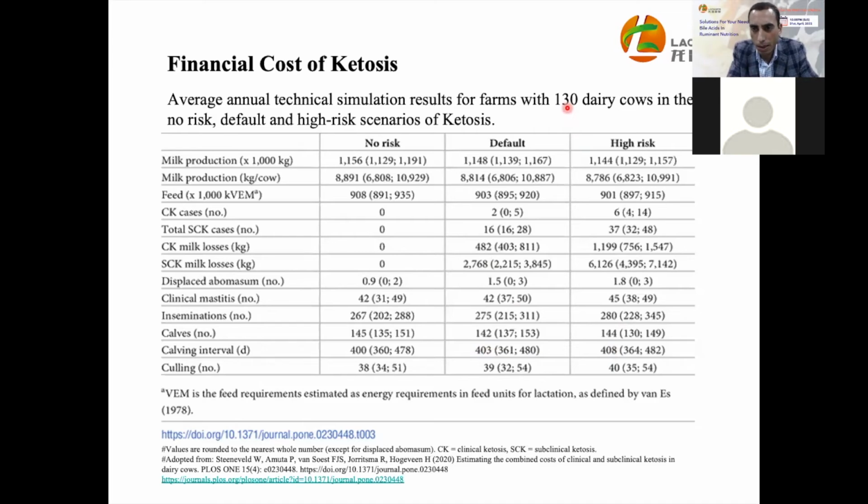If we consider the cow consumes around 20 kilograms of dry matter intake, and the cost of each kilogram is around 0.3 United States dollars, we can calculate how much dry matter intake is lost in the days open. Finally, it will increase the calving interval and decrease the longevity of the dairy cow in the farm.